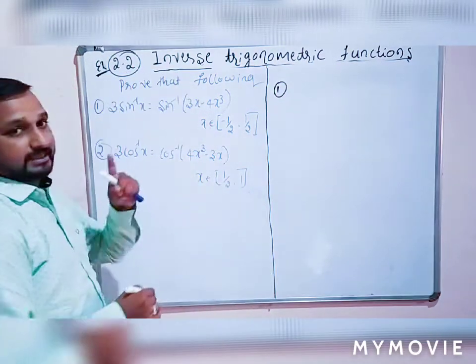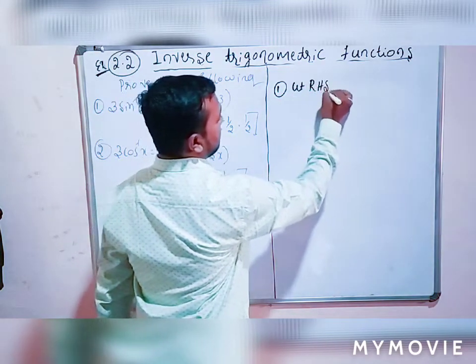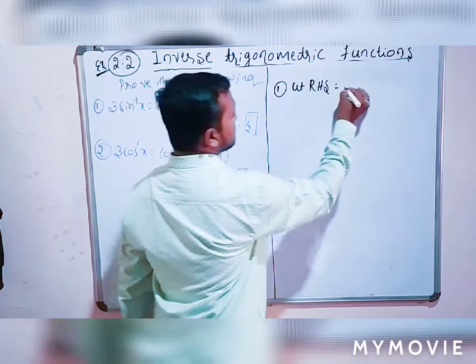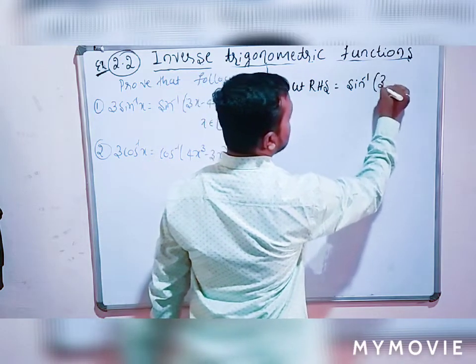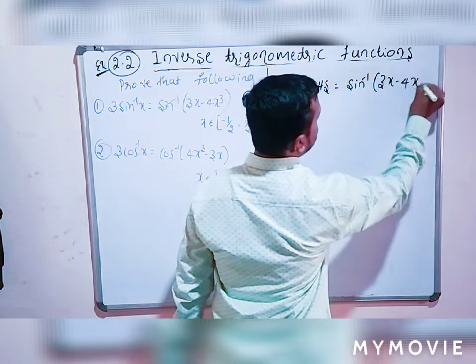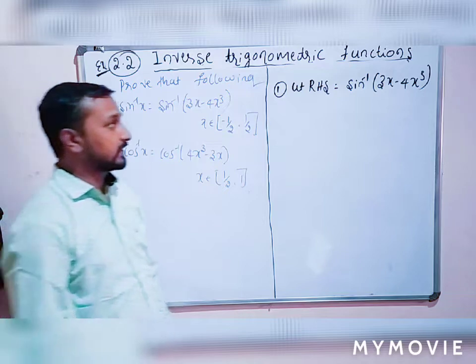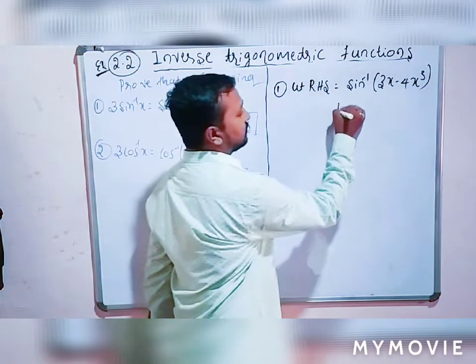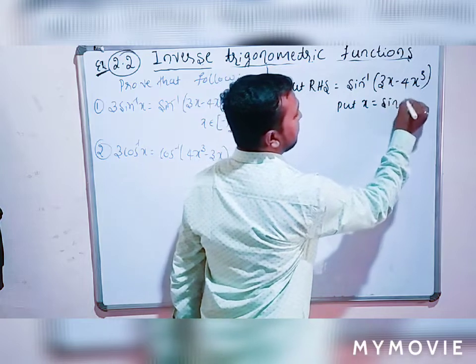Here, the first example. Let us take the RHS part. RHS is sine inverse of 3x minus 4x cube. In this example, put x equal to sine theta.